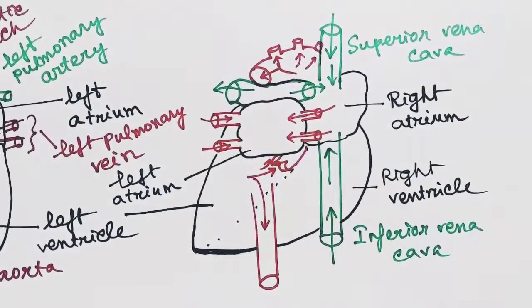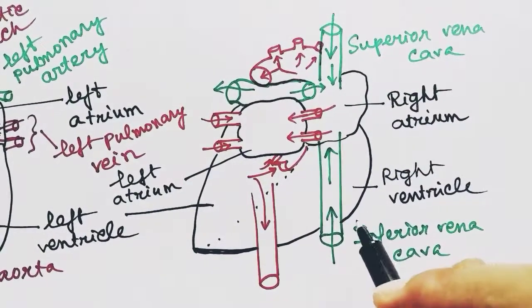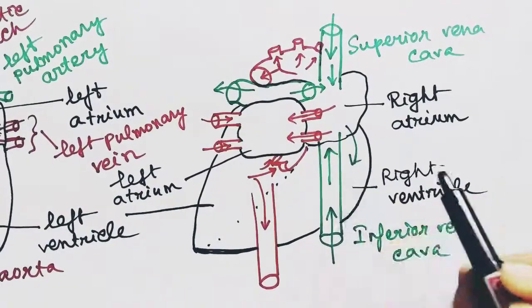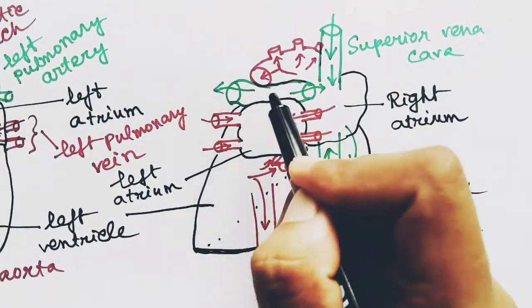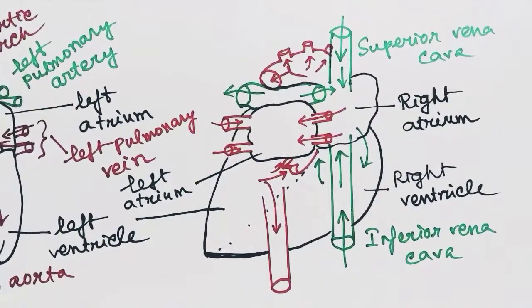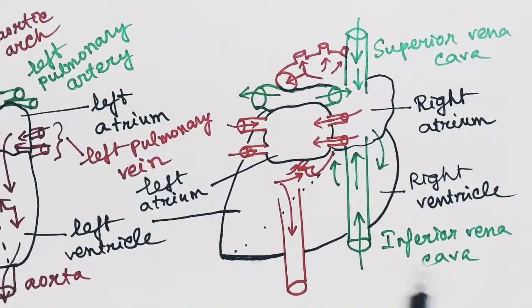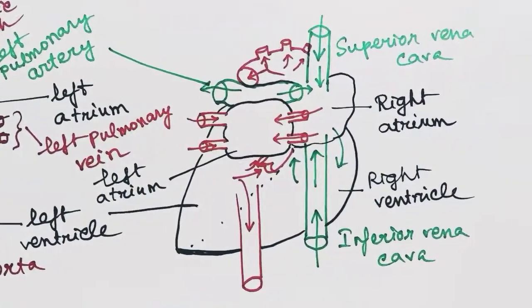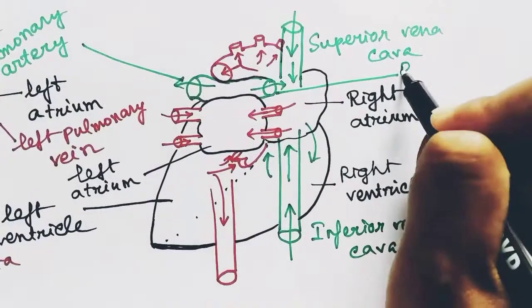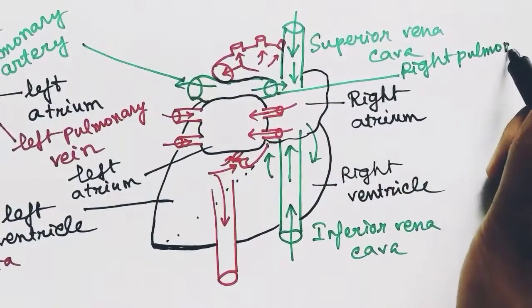After reaching the right atrium, it will go to the right ventricle, then it will reach the pulmonary artery and then to the lungs, the left and right pulmonary artery for the left and right lung.